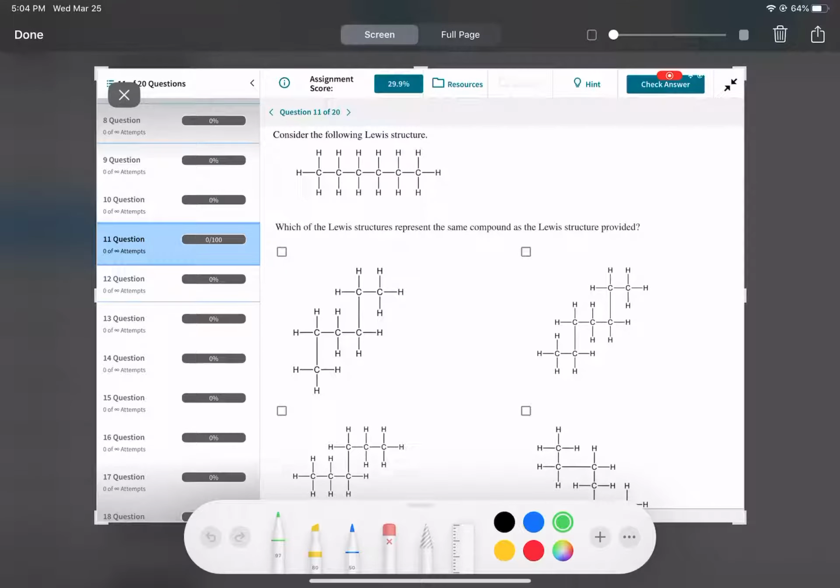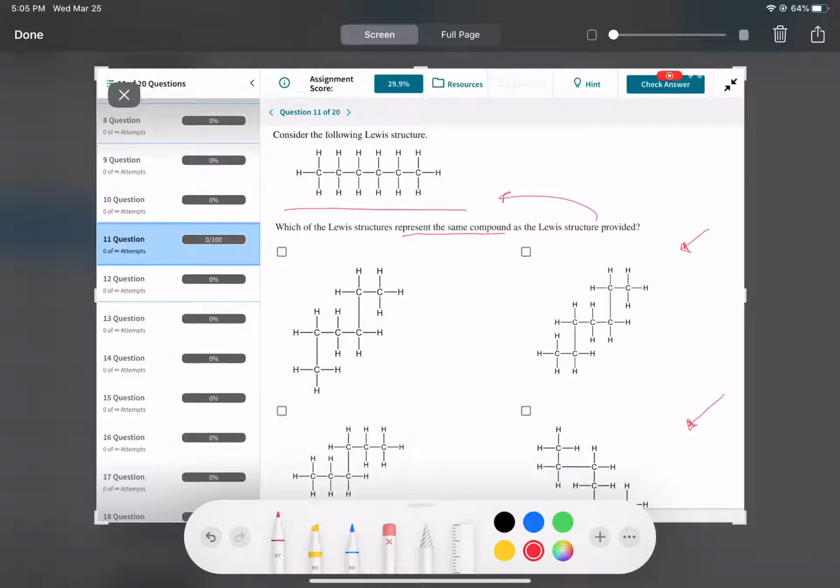For this one, we're given this molecule up at the top of the page, and we're being asked which of these molecules down here, and there's 6 of them total, which of these are identical or represent the same compound as the one up here.